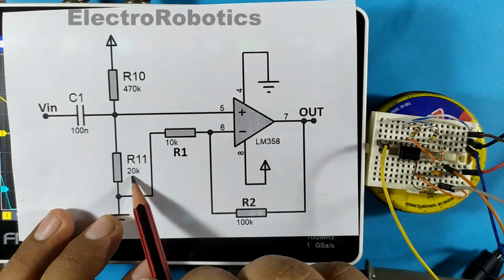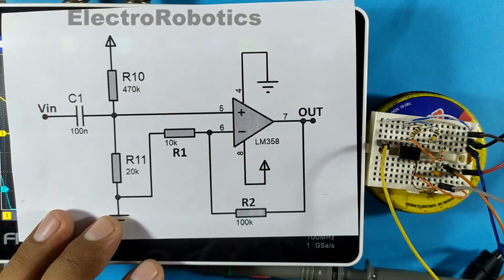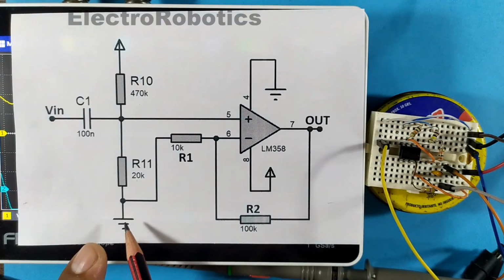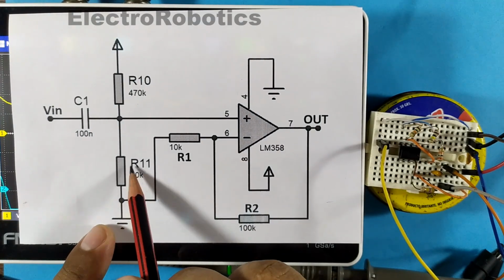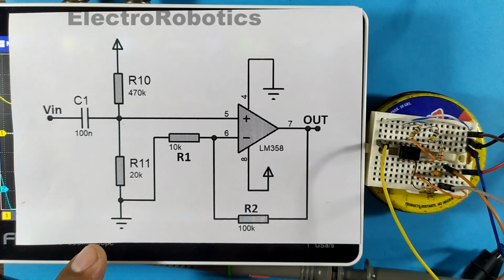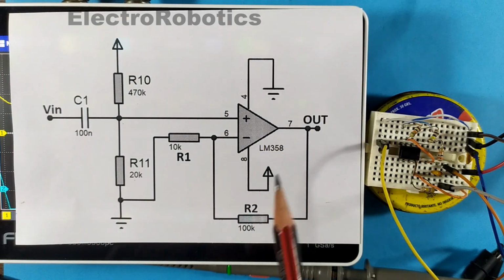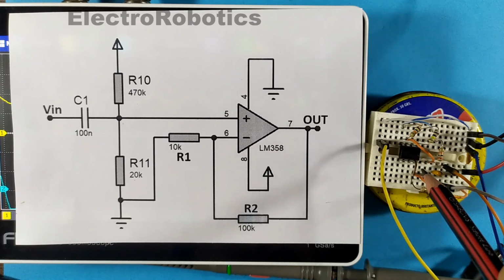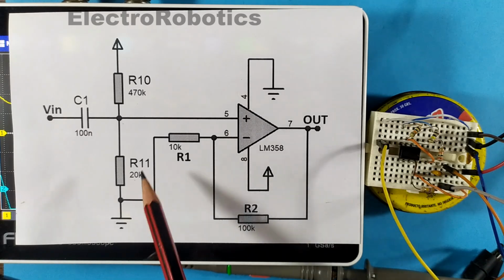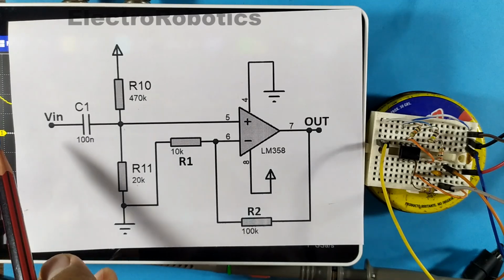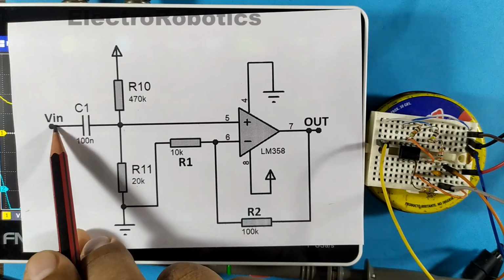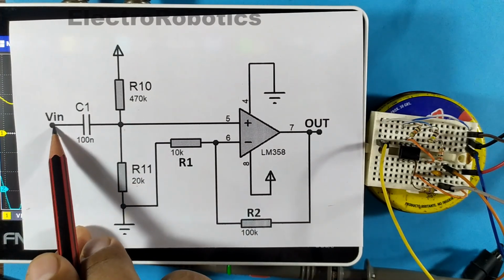Here we have a 20 kilo ohm resistor compared to a 470 ohm resistor. So the voltage between negative and R11 will be quite small, less than 1 volt. We do that in the operational amplifier, that is, at the input. What you are observing is here. Here we are measuring with the oscilloscope.